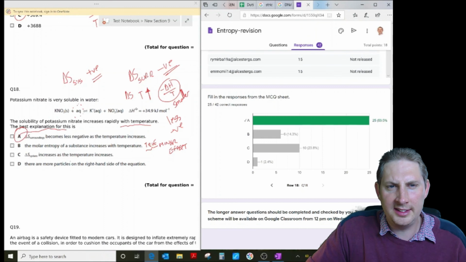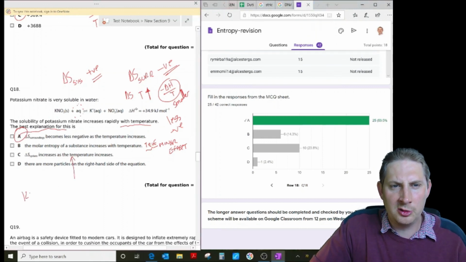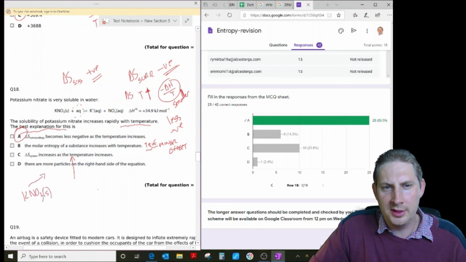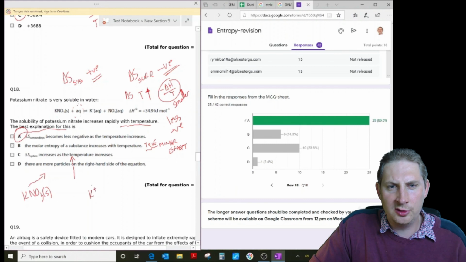The reason that this is not right is because we know that the molar entropy of KNO3 solid is going up with temperature, but so is the molar entropy of potassium and nitrate, and indeed the waters.